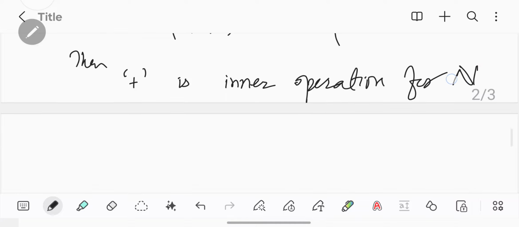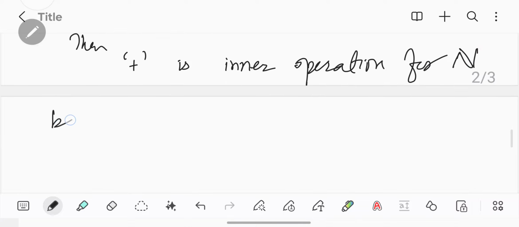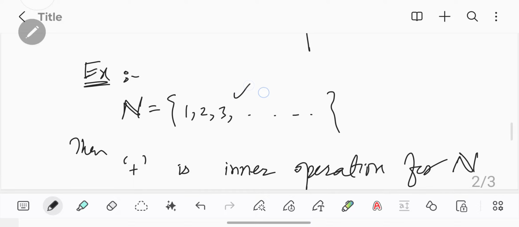for N, because if you take any two elements from here and add them, after addition you will get some new number which will be inside, because this set never ends, it keeps on going.